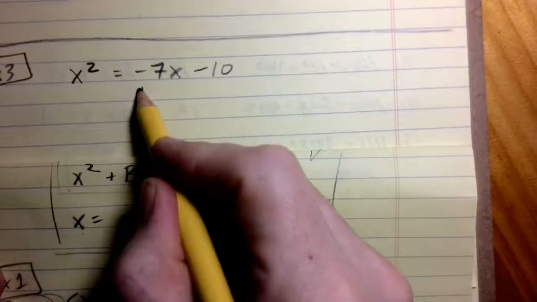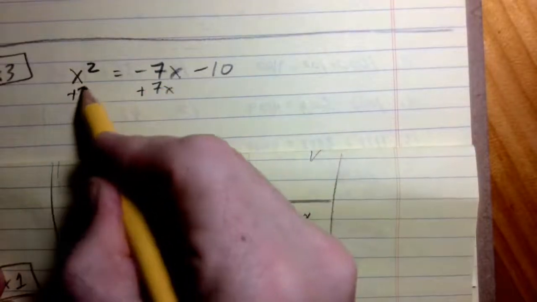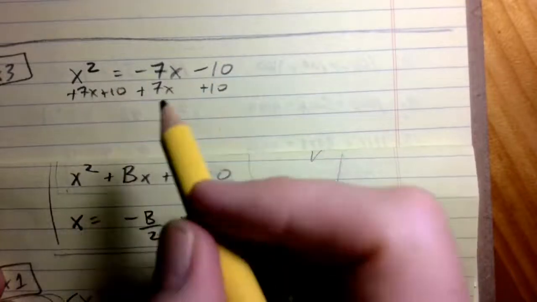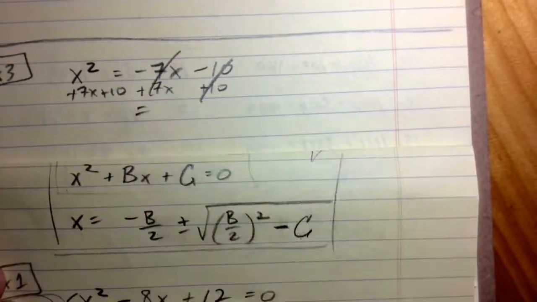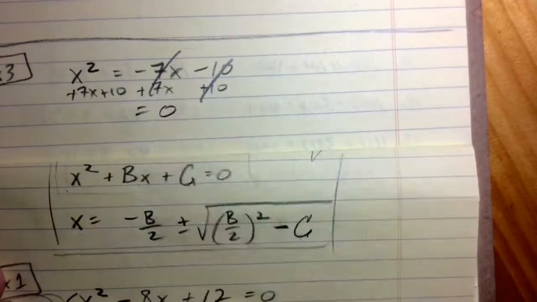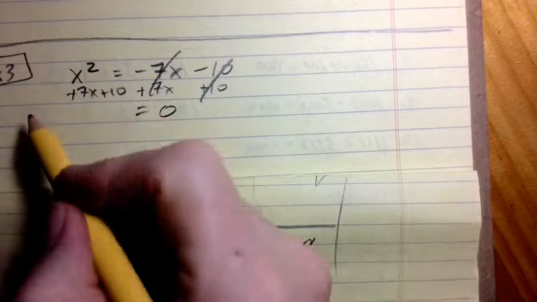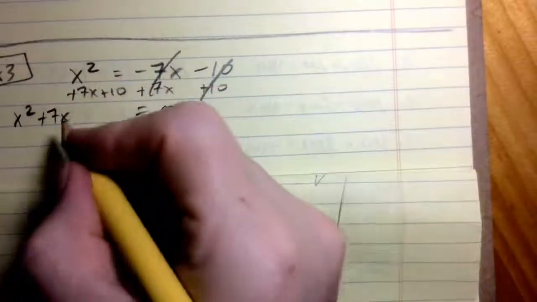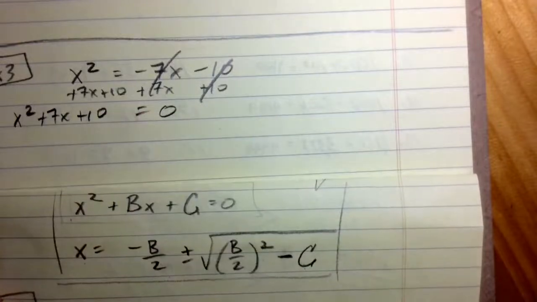So what you're going to want to do is take the right side of the equation and add those terms over. So we have x squared plus 7x plus 10.